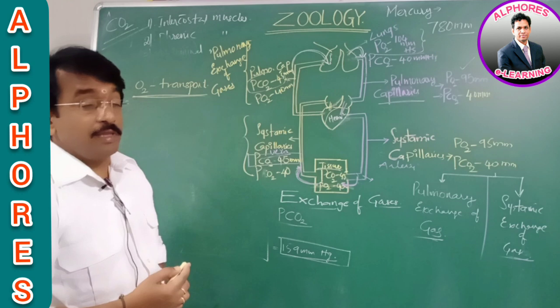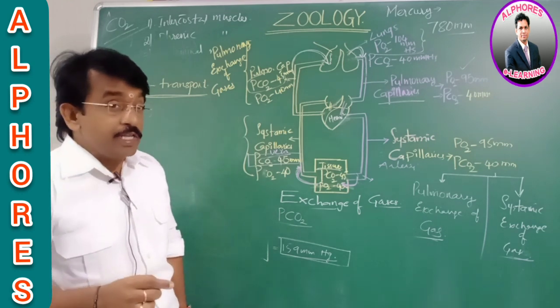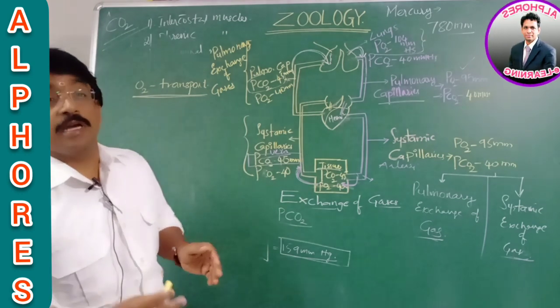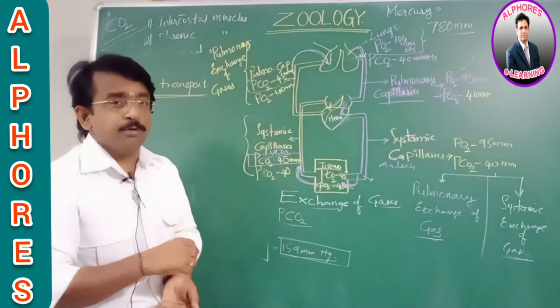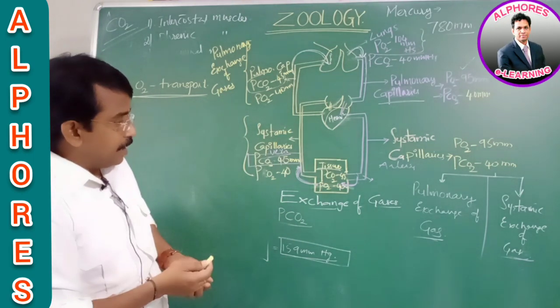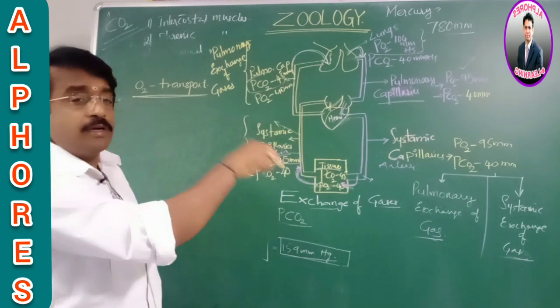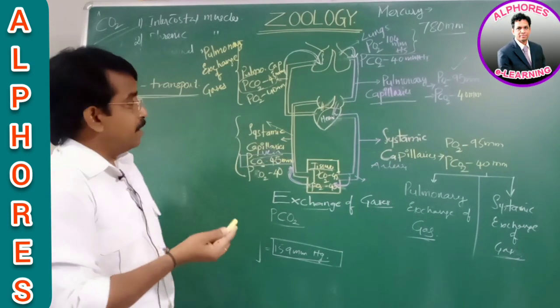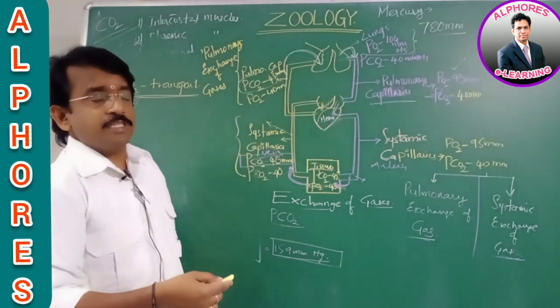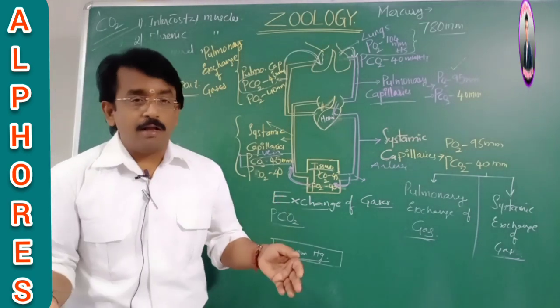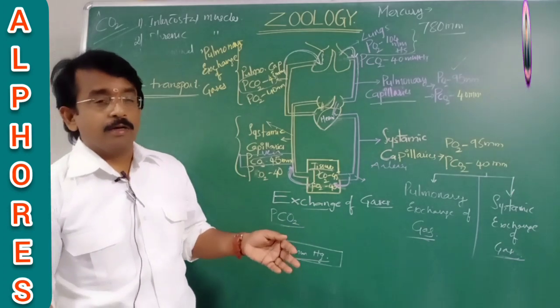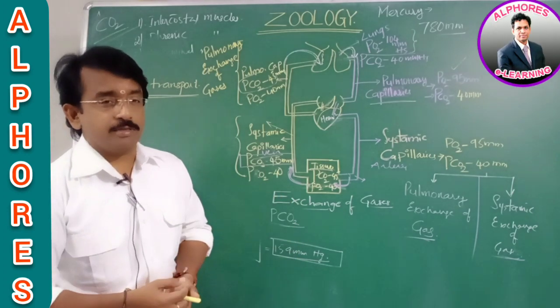What do you mean by that? It means, so far we have discussed the exchange of gases. That's enough, you may think. But how it is transported in the blood is the topic to be discussed. First, in the initial phases, we discussed the gases, respiratory tract and respiratory organs.